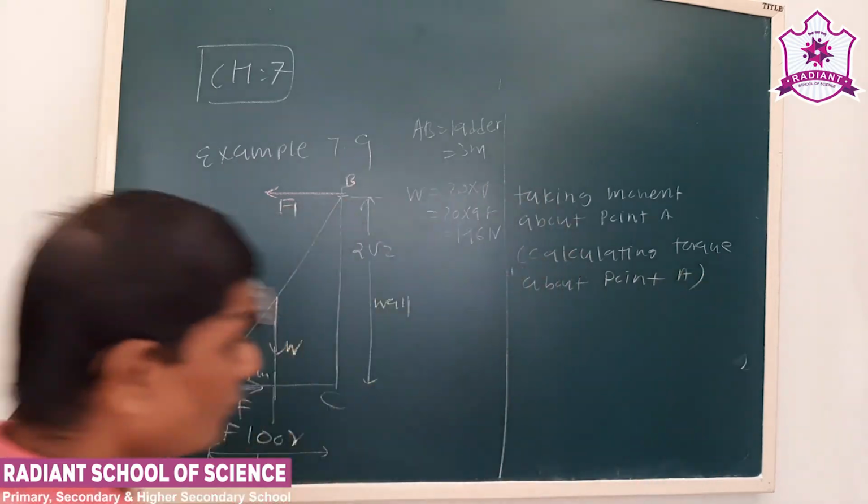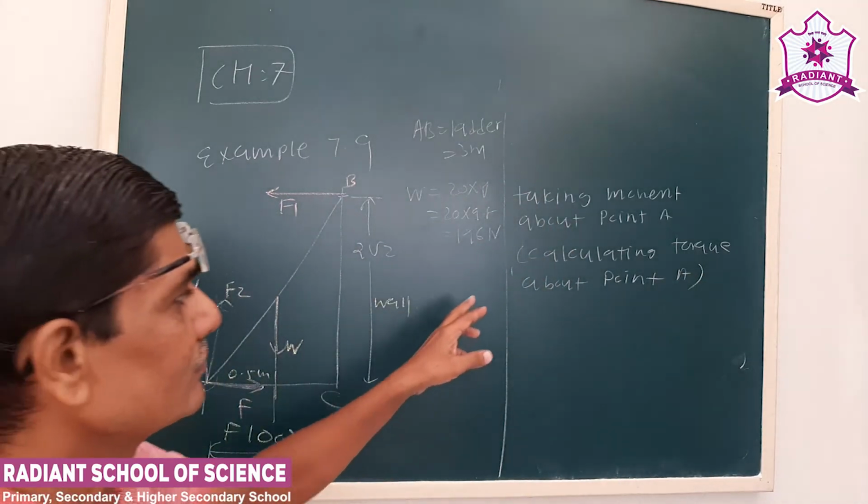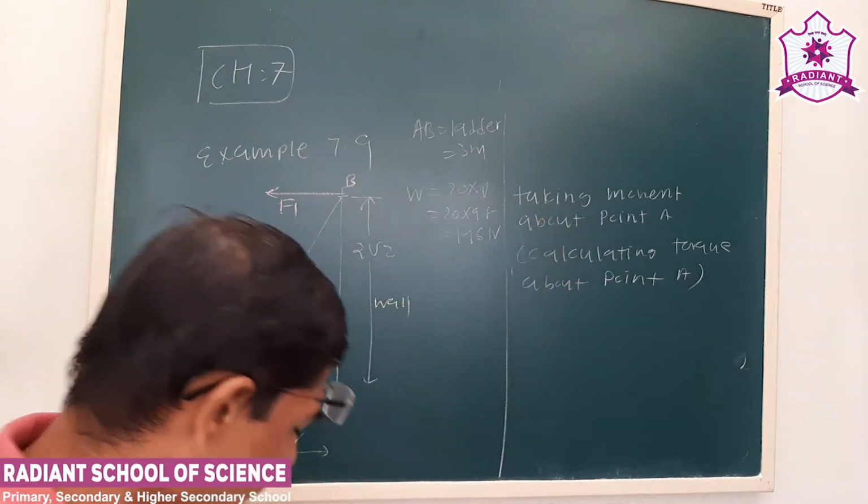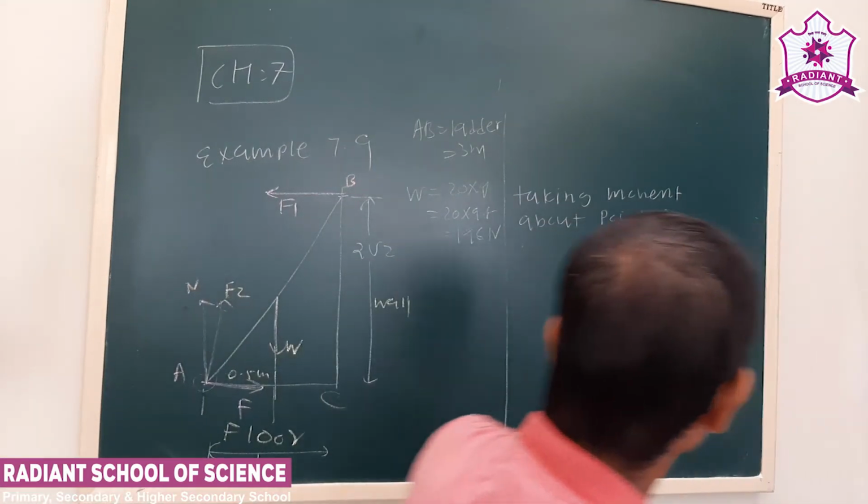By terminology, when we calculate torque, we write it like this: taking moment about point A. So that will be the following.